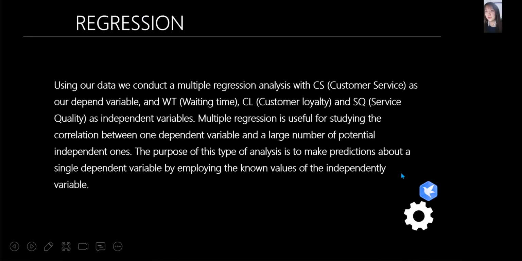It's about regression. Using our data, we conduct a multiple regression analysis with customer service as our dependent variable, and waiting time, customer loyalty, and service quality as independent variables. Multiple regression is useful for studying the correlation between one dependent variable and a large number of potential independent ones.